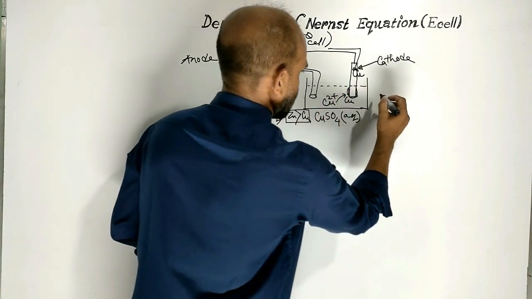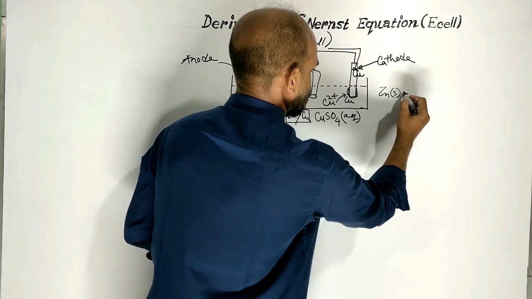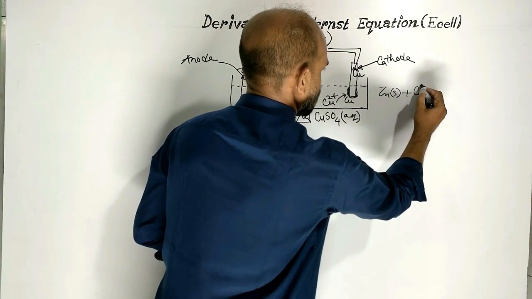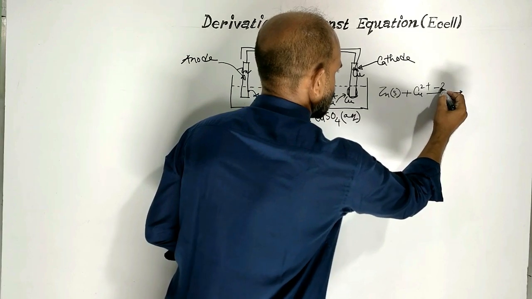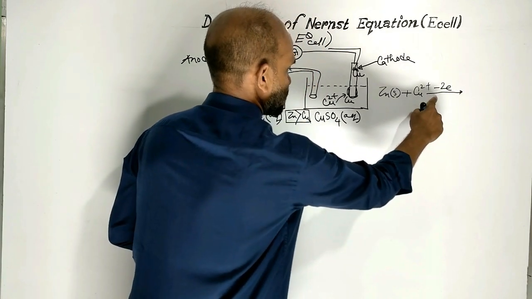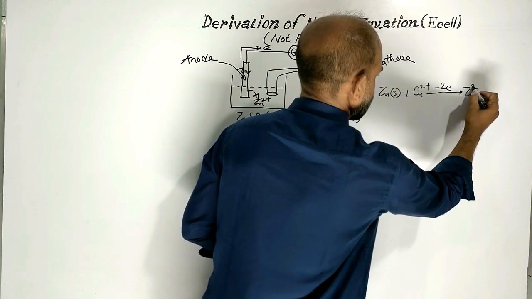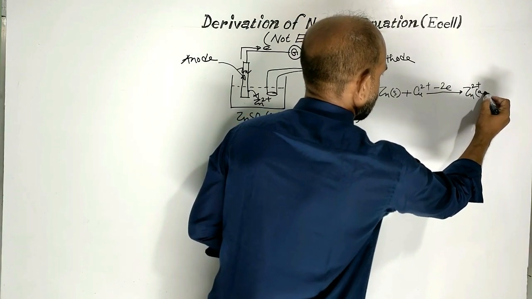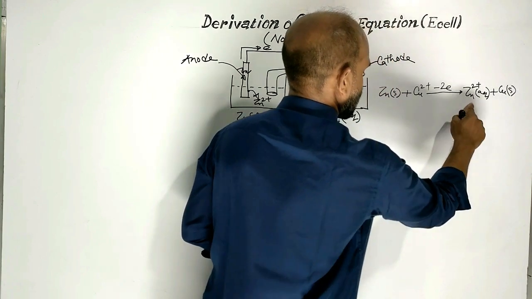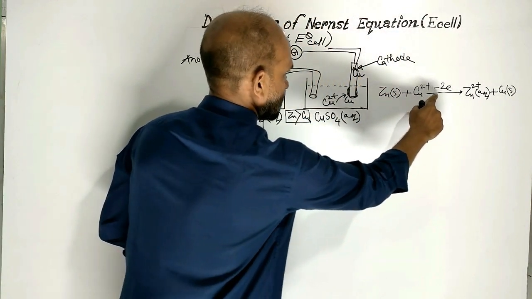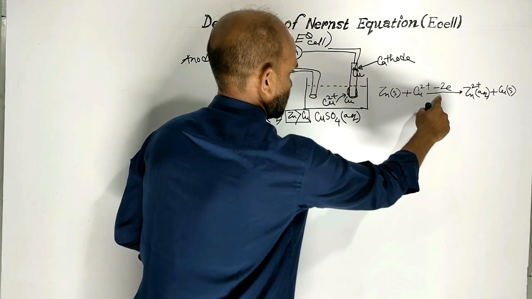Here, the cell reaction is metallic zinc plus copper ion, with transfer of 2 moles of electrons, gives zinc ion and metallic copper. So here, transfer of 2 moles of electrons occurs.